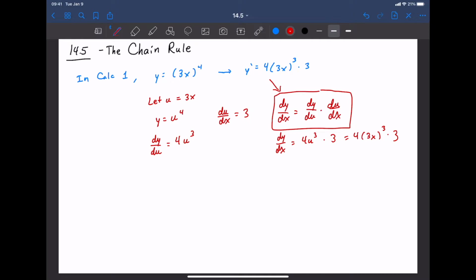Okay, so the idea that we're going to look at composite functions, functions with functions inside of them, a composite function. The chain rule is the idea that we can trace paths.